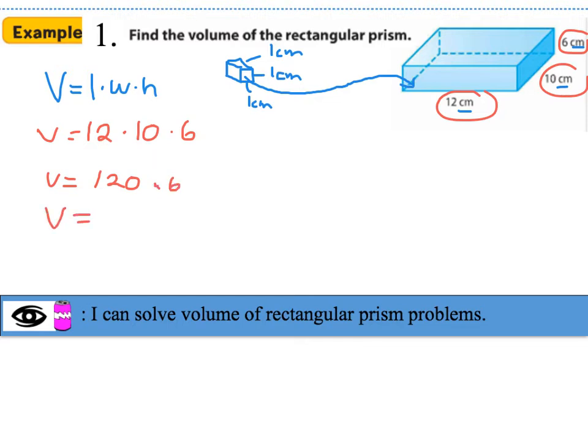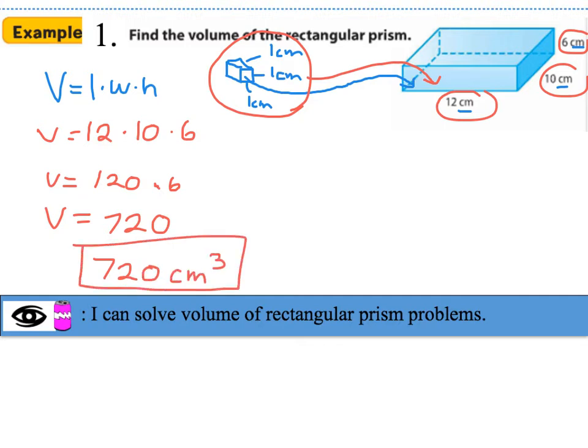So 120 times 6 would equal 720. So what this means is I can fit 720 of those little 1 centimeter by 1 centimeter by 1 centimeter cubes inside of this rectangular prism. So my volume is equal to 720 centimeters to the third power.